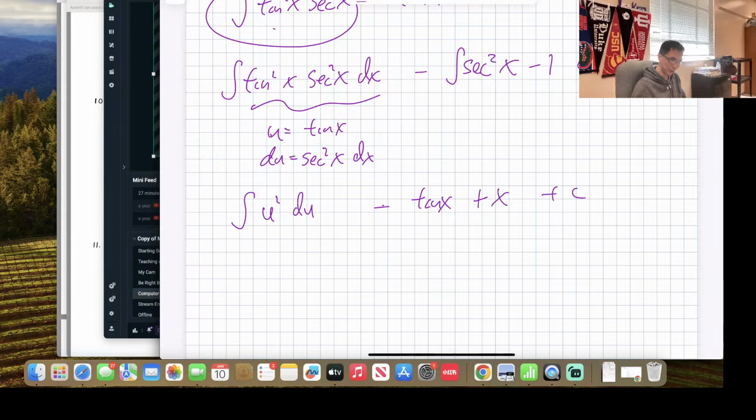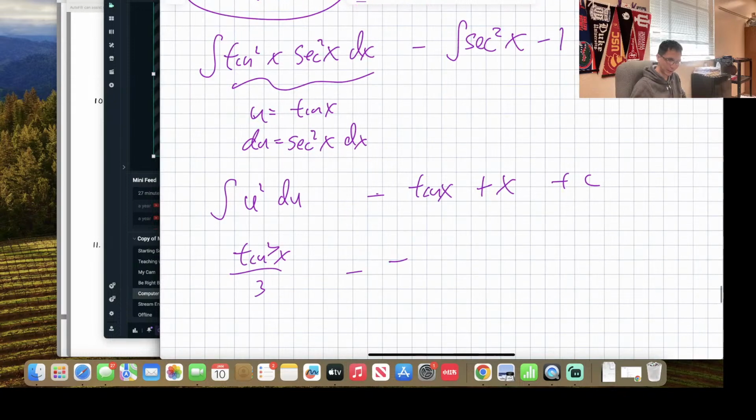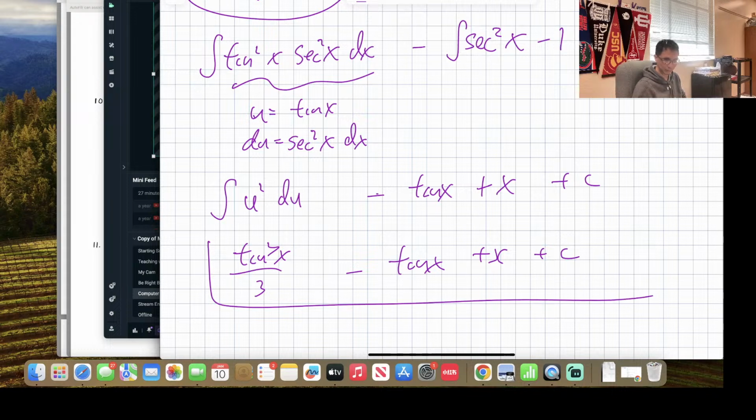And this one u is going to be tan x, so it'll be tan cubed x over 3 minus tan x plus x plus c. Don't overthink it. Always start with the simplest thing.